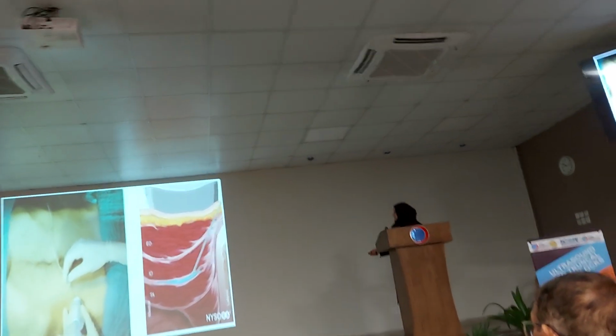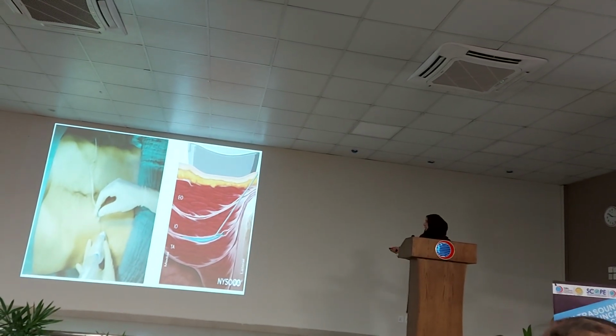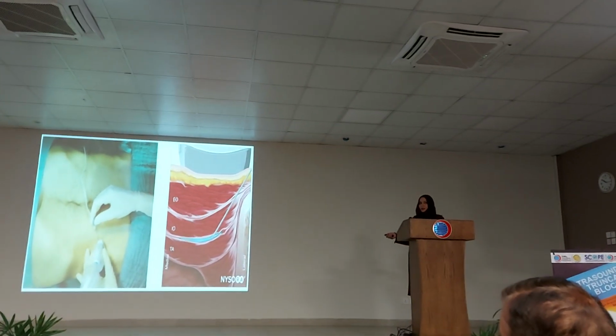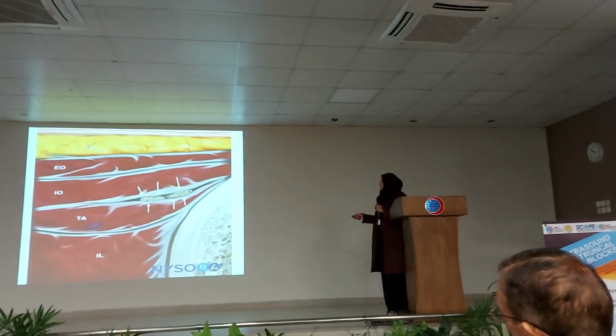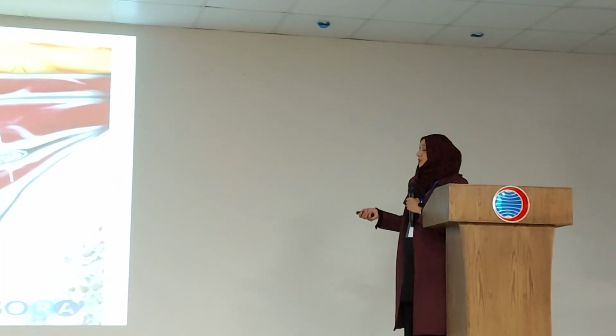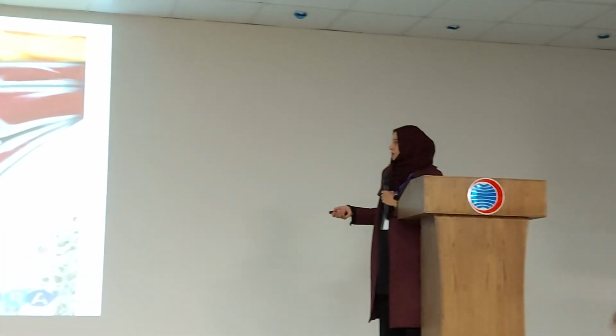You will see these three muscles, and sometimes you also have the iliacus muscle here, and on the side you will be getting the ASIS and the iliac crest. Now the ilioinguinal and iliohypogastric nerves are usually found in the fascia between the internal oblique and transverse abdominis muscle. They are embedded here in the form of hypoechoic round structures.